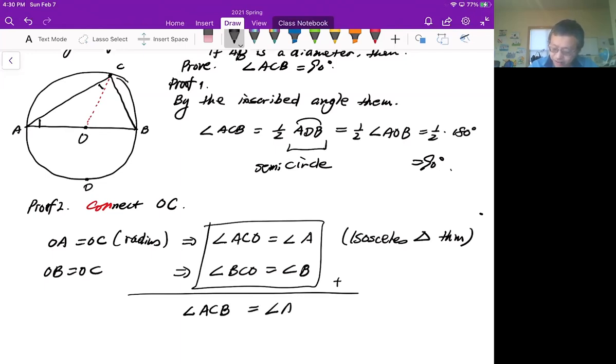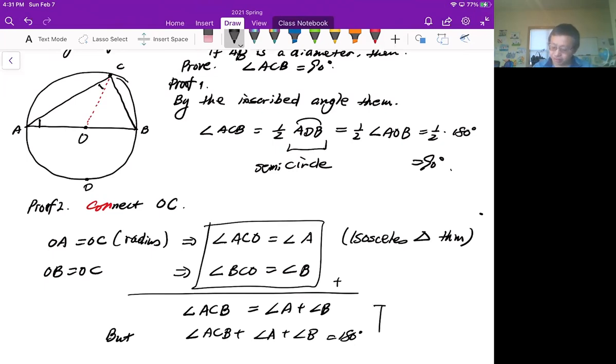The right side is the angle A plus angle B, right? And now I'm done. Why am I done? Because you have the triangle sum theorem, right? The sum of this plus angle A plus angle B is 180, right? And then the left hand side and the right hand side are the same.